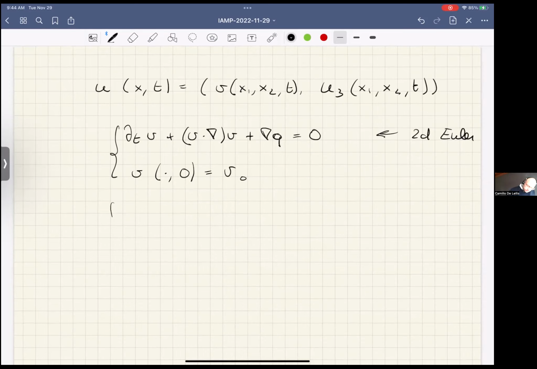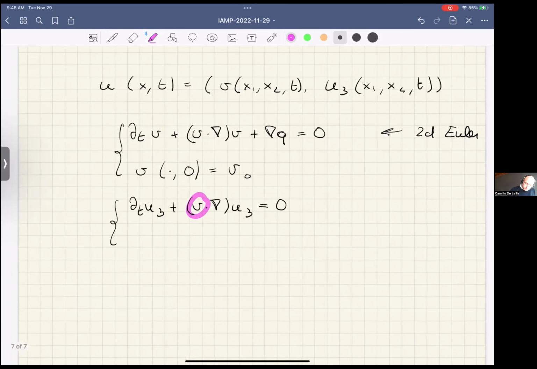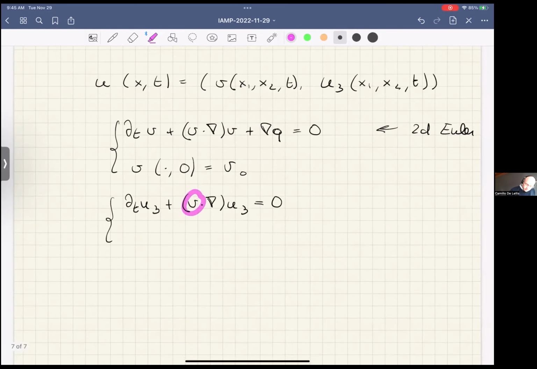And the third component solves a free transport, which is transported by the solution of the 2D Euler part. So this one is, of course, exactly the solution of the first part.